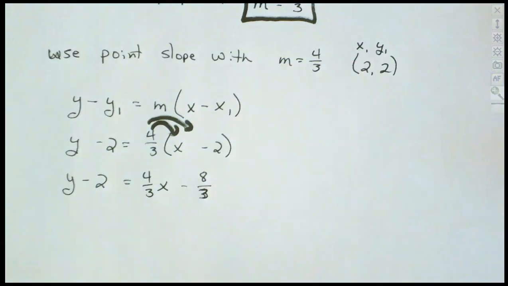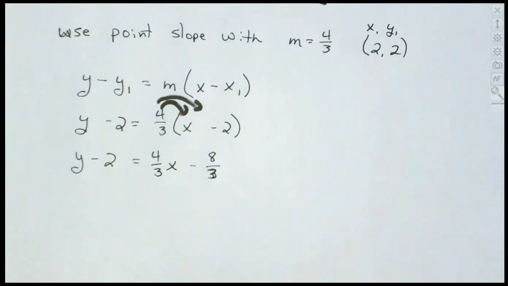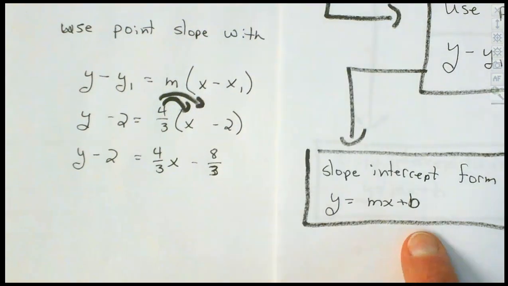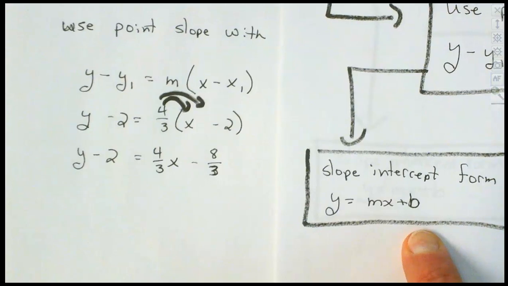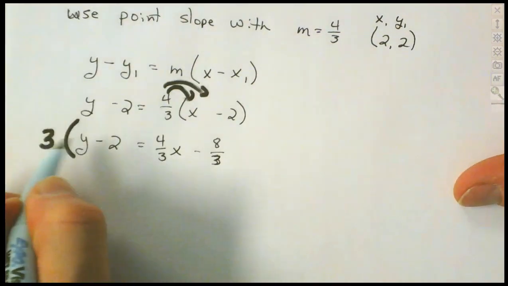So we're at this point. Now, what do we need to do? The directions tell us specifically. Write this in slope-intercept form, and slope-intercept form is right here. So we need to solve it for y. And how are we going to do that? We're going to begin by clearing our fractions. So multiply it by 3.